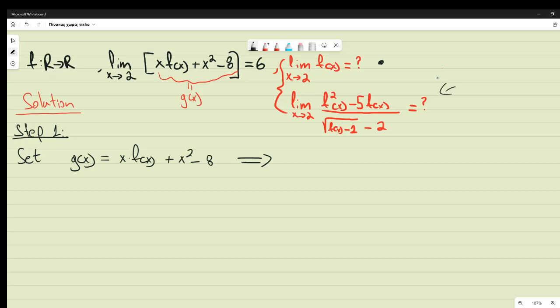So we know the value of the limit of g, that is equal to 6.